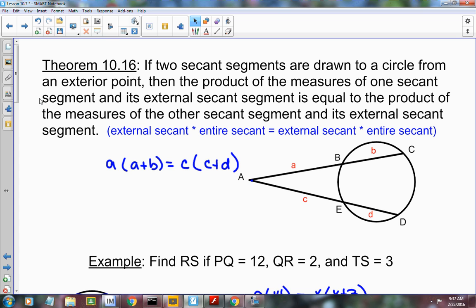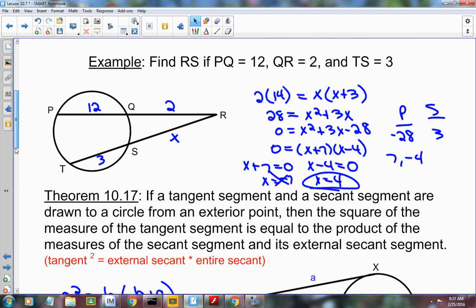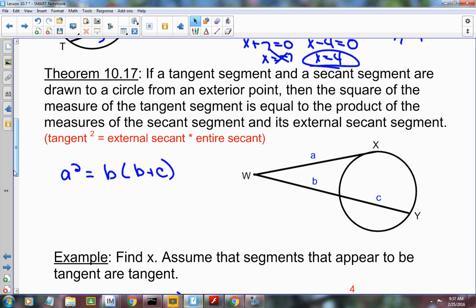You have to add those parts together. Outside part times the whole thing. And then the last scenario was the secant and the tangent. And what do you do to the tangent segment? You square it, right? And then that's equal to the outside part times the whole thing like we did above. Okay? All right. So your assignment is on page 753.